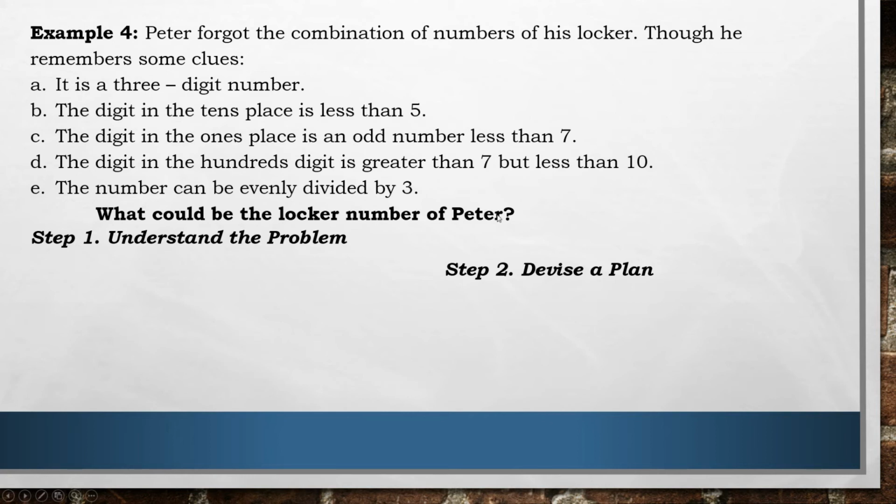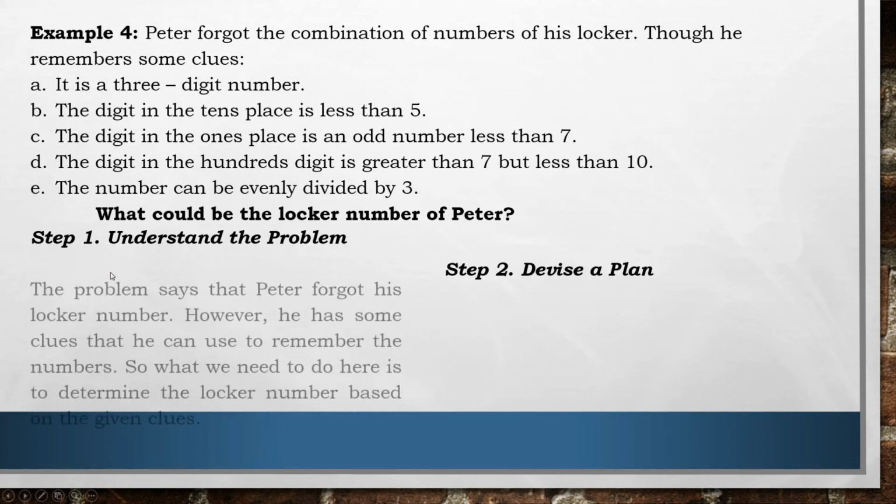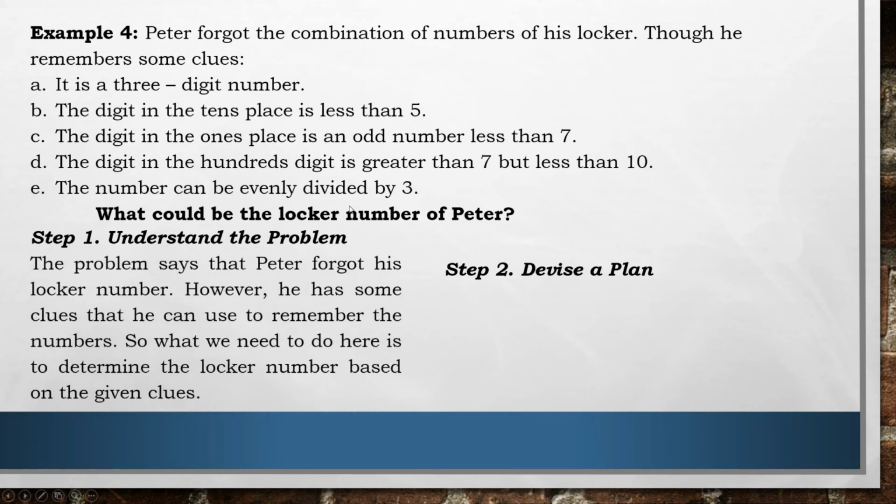So let's start with step 1. Of course, they have given us all the clues already from A to E. So the problem says that Peter forgot his locker number. However, he has some clues that he can use to remember the numbers. So what we need to do here is to determine the locker number based on the given clues. So from step 1, understanding the problem, we go now to step 2.